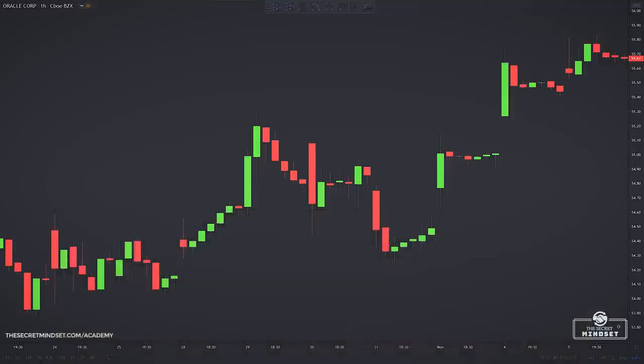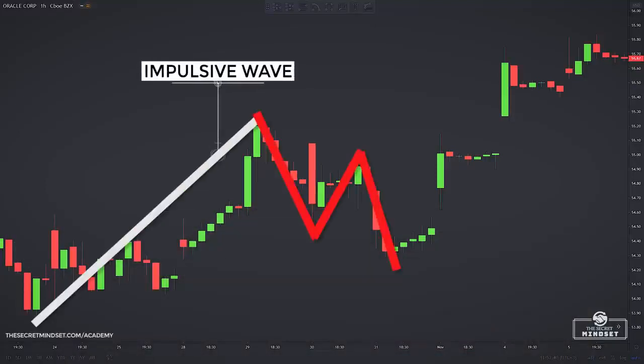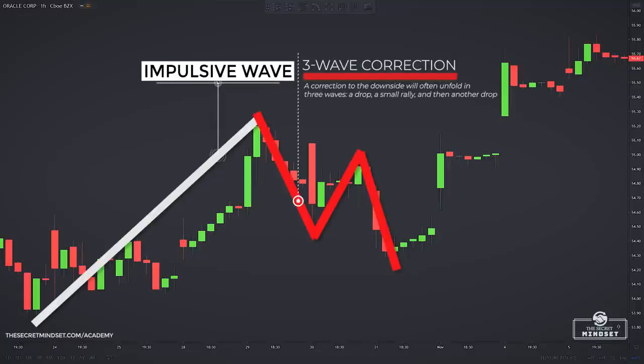Assume there was a big move to the upside, an impulsive wave, then a correction is likely to follow. That correction to the downside will often unfold in 3 waves: a drop, a small rally, and then another drop. You can use this to improve trade timing by waiting for that second drop.